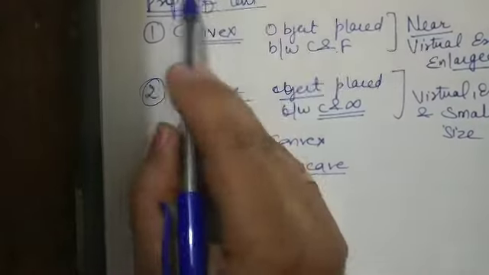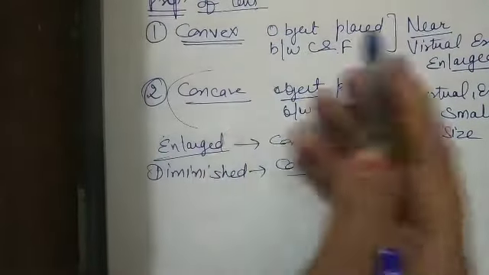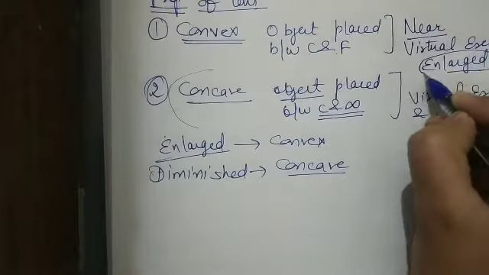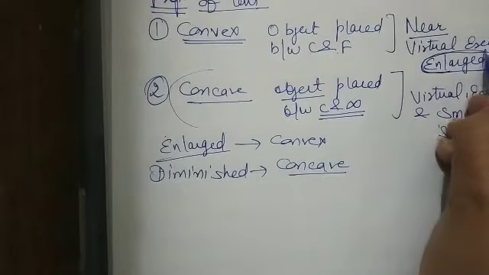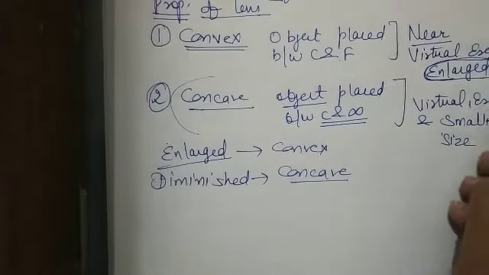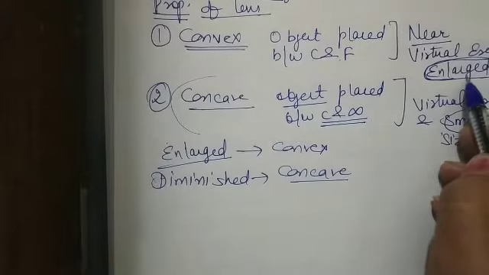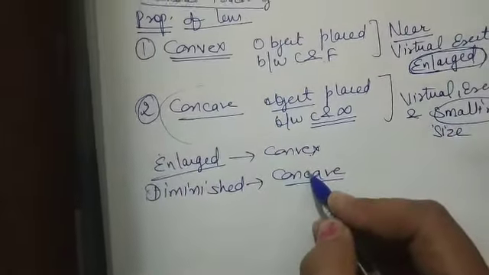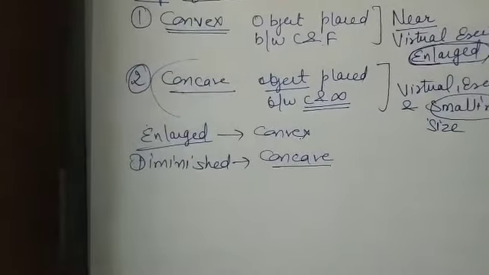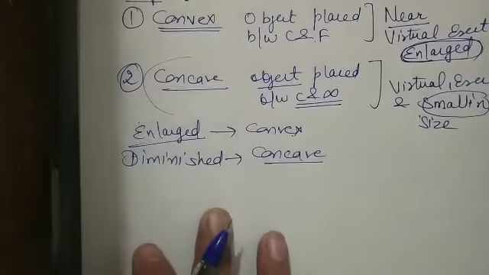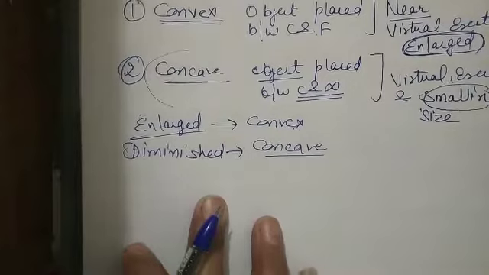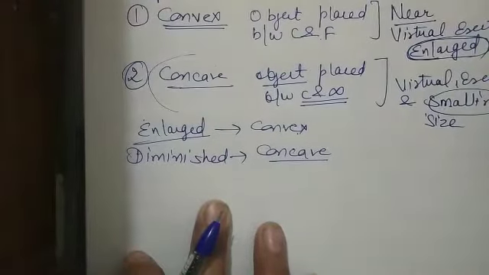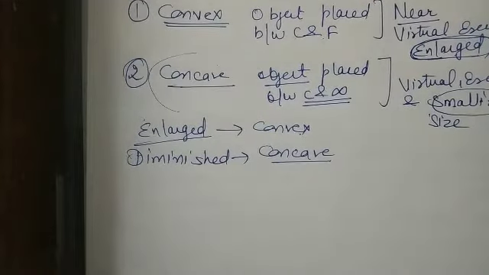So without touching also we can distinguish by studying or observing the change in size. If size gets increased, it is convex. If it is smaller, then it will be concave. So in this way we can distinguish between convex and concave lens using two approach, with touching and without touching.